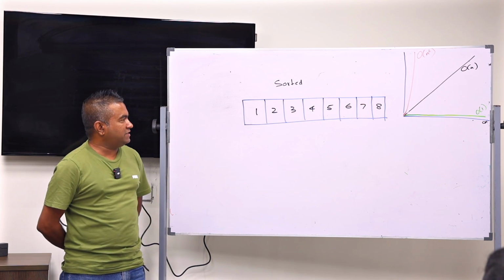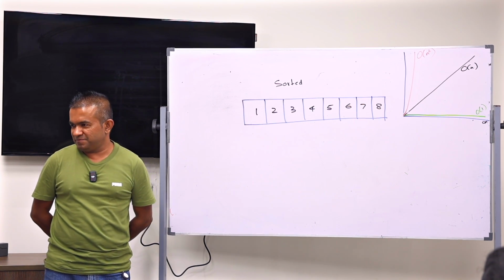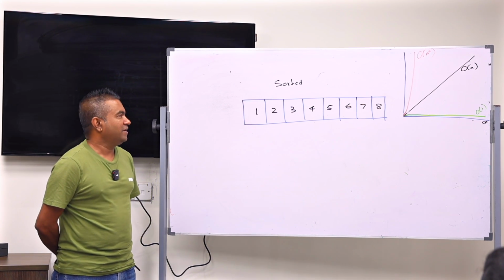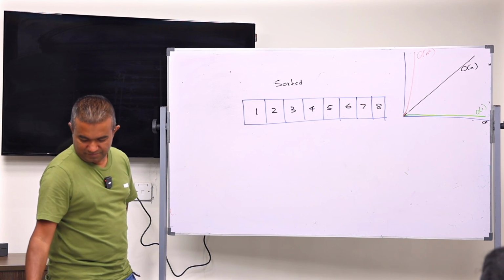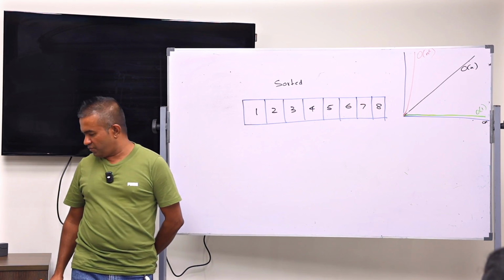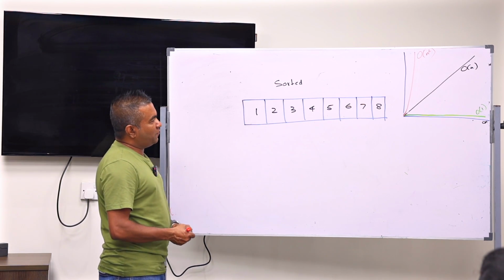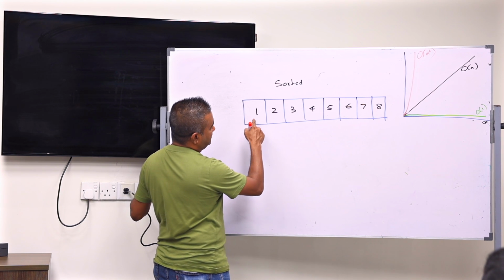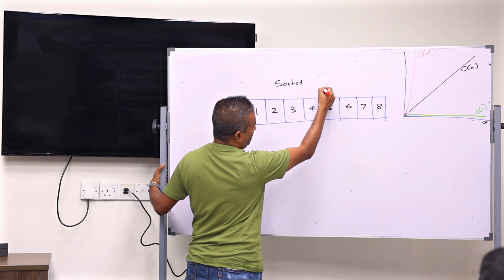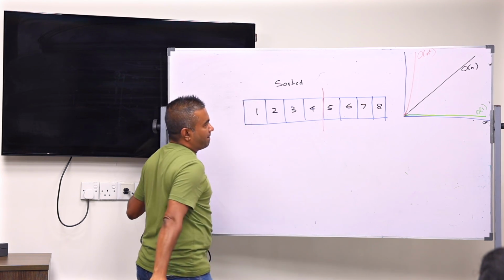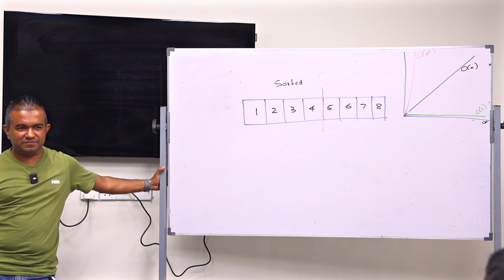Now what I am going to do is search for a number. I am going to search for 1, right. So, when I search for 1, what I can do is divide this in half and ask which side is the 1.